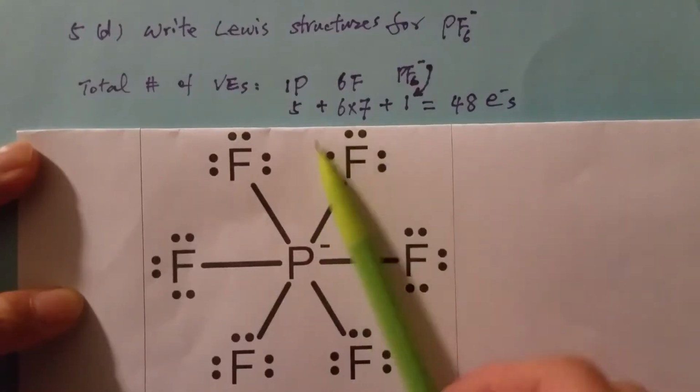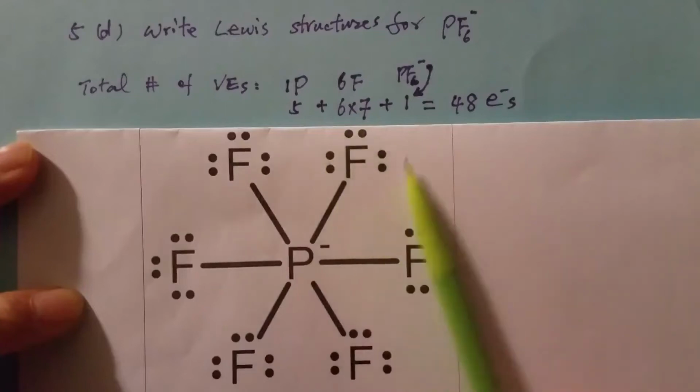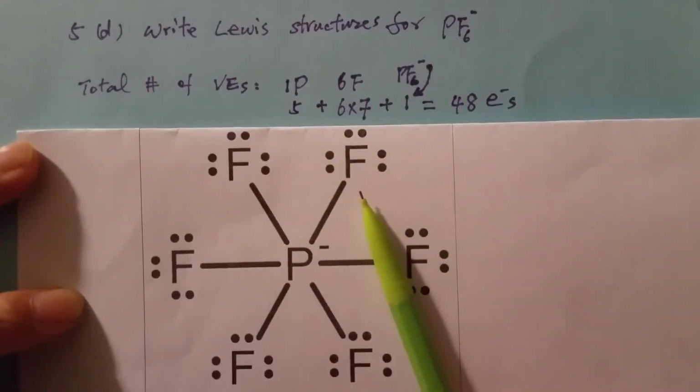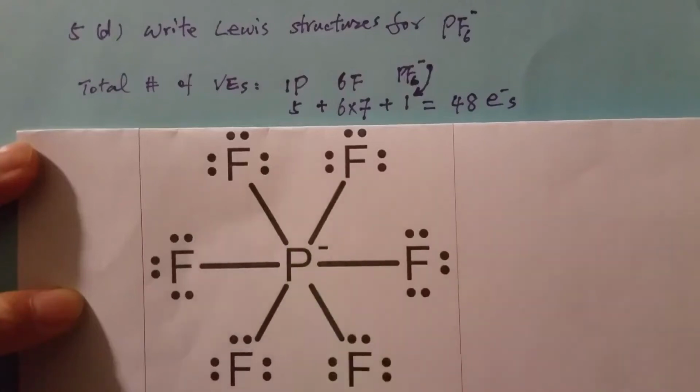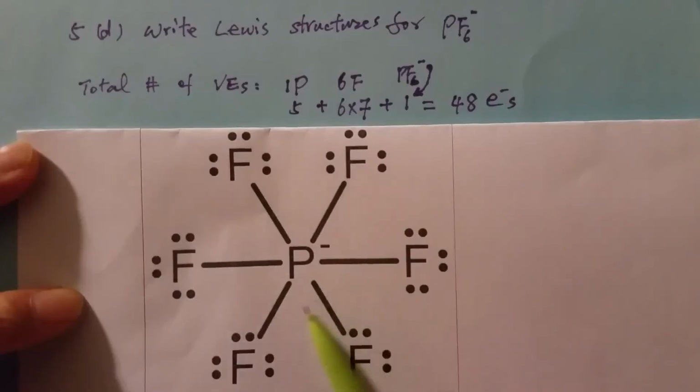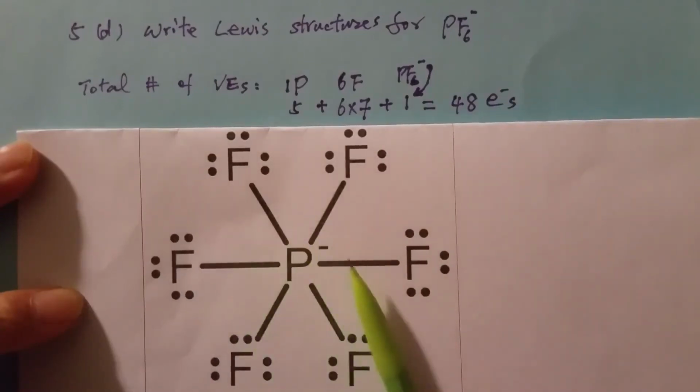So each of the fluorines has 8 electrons, and that satisfies the octet rule. But phosphorus obviously does not follow the octet rule, and that's okay. That's called an exception to the octet rule. For the central atom, sometimes it has more than 8, and that's allowed, and that's the most stable one.